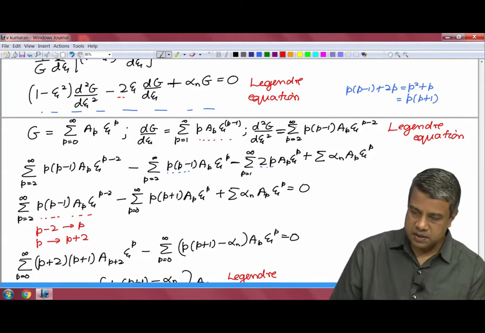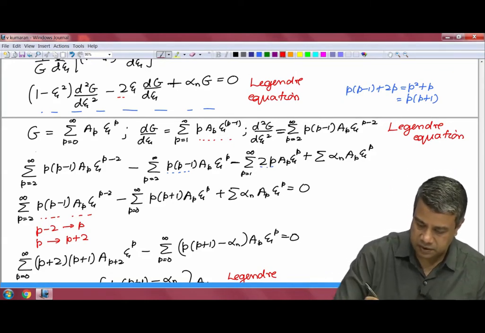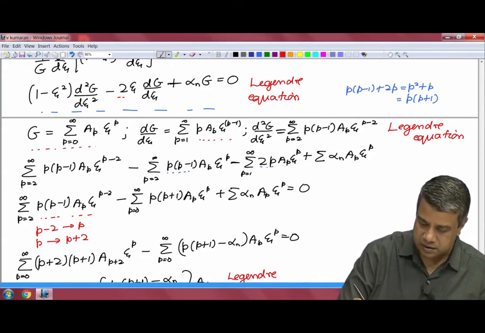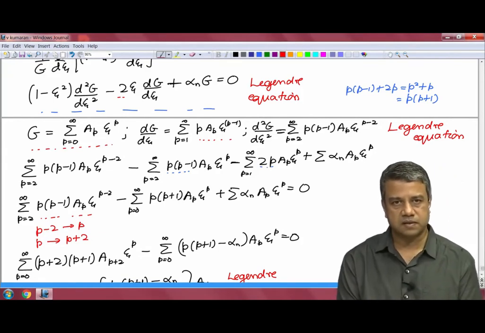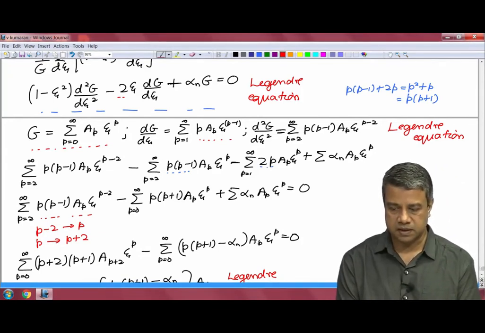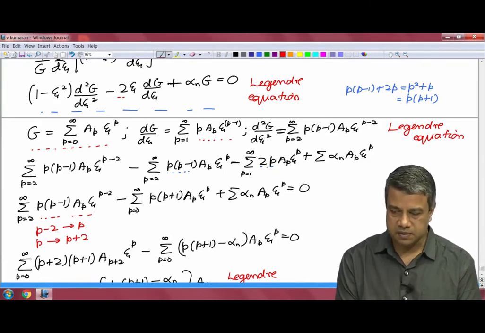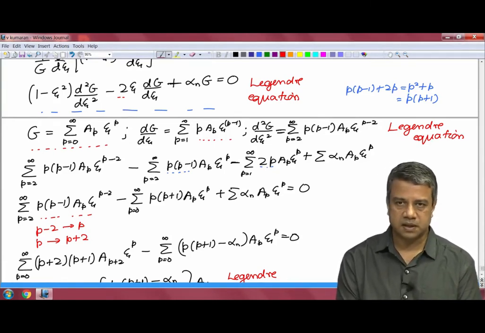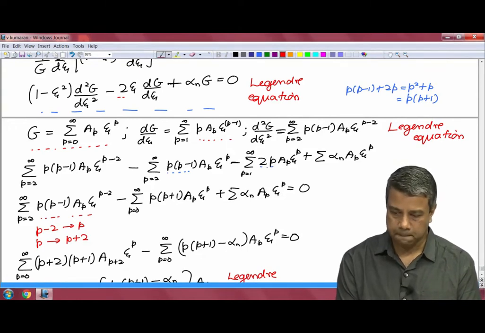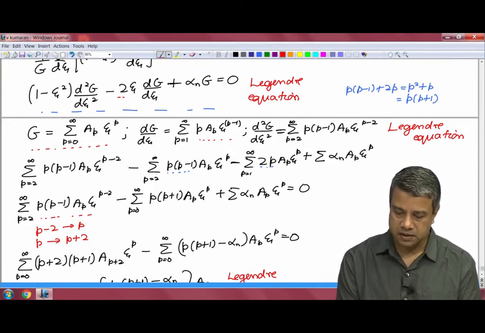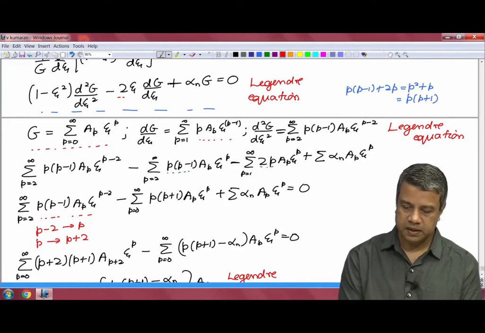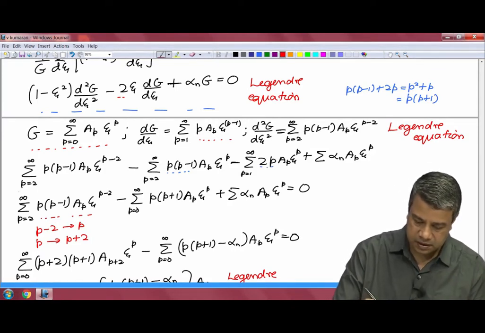And we had assumed a series form for the dependence of g on psi. From that you will get the dependence of dg by d psi and d square g by d psi square both on psi. Substitute that into the equation, and this is the equation that I get.